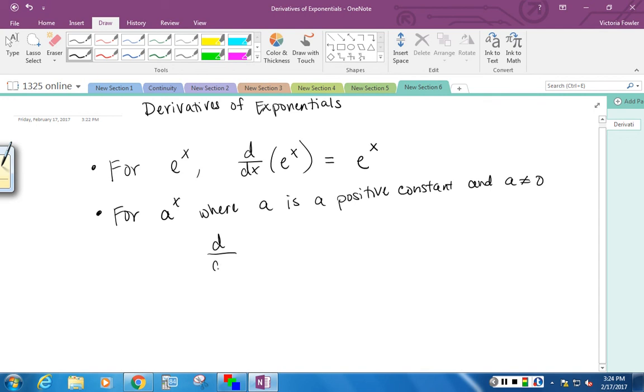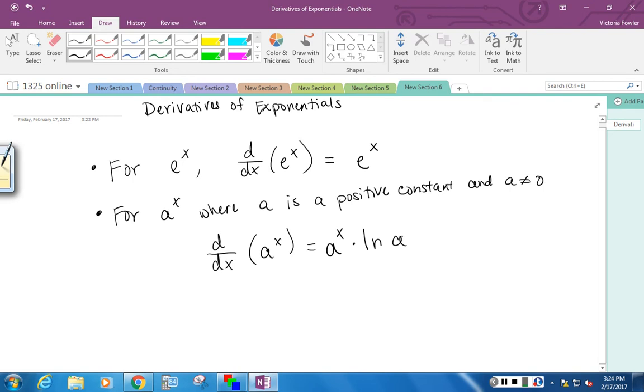The derivative of, say, something like 4 to the x or 2 to the x, the derivative of a to the x is going to be defined as rewrite a to the x and then multiply by the natural log of that base, that constant that we have here called a.